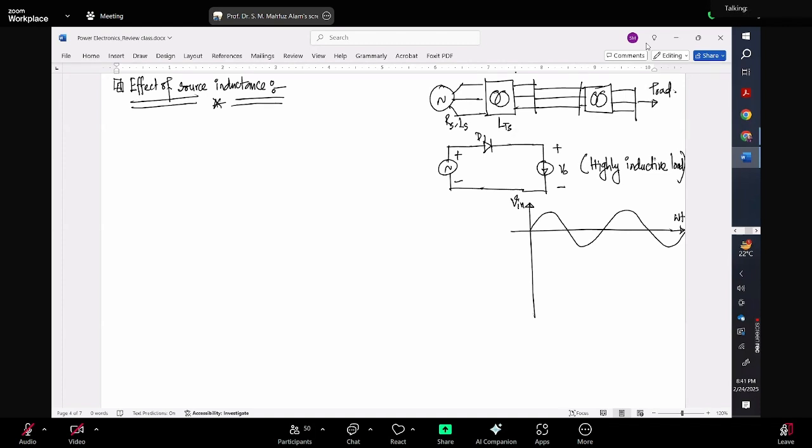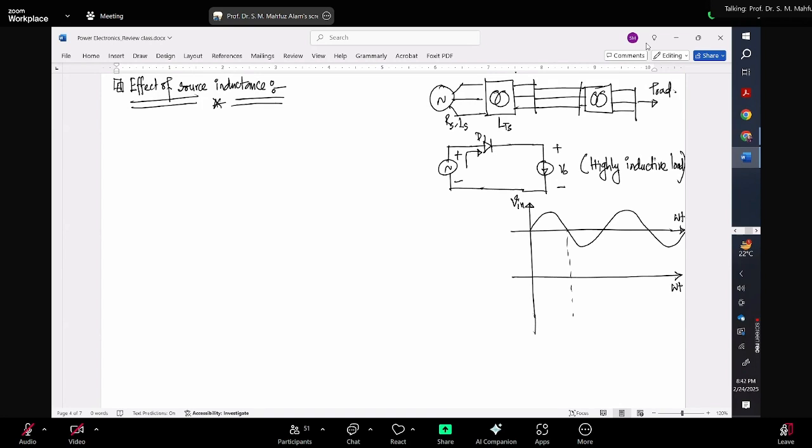During the positive half cycle, if I want to have this output voltage V naught, the voltage polarities will be like this, and the diode D1 will be in forward bias, right?